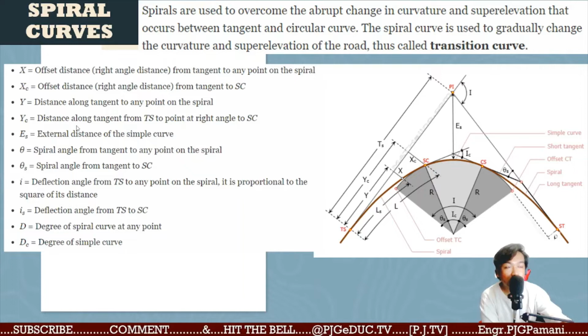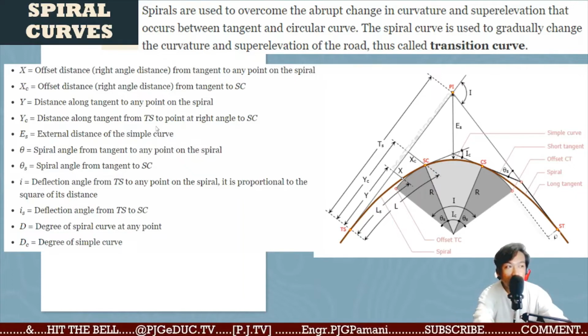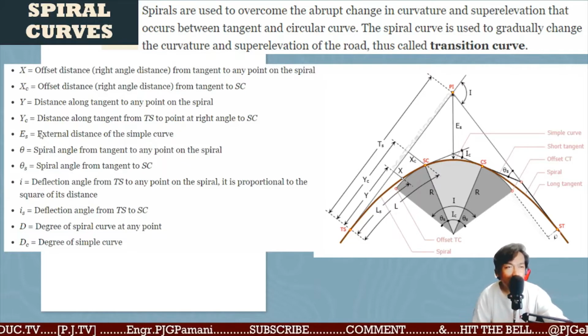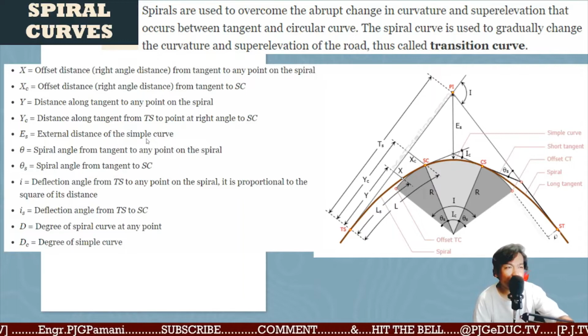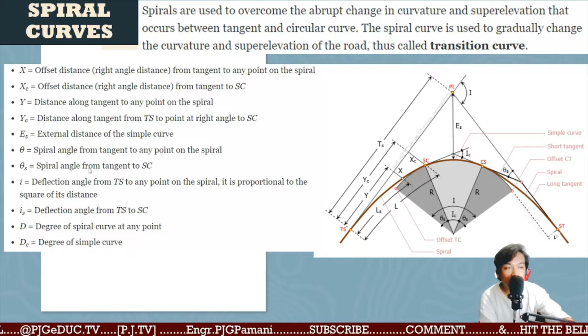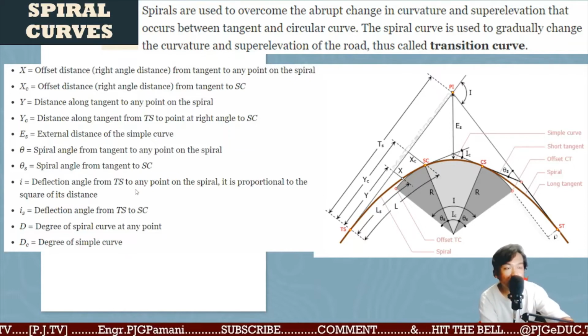Then YC is the distance along tangent from TS to point at right angle to SC. Then XS is the external distance of the simple curve. Theta is the spiral angle from tangent to any point on the spiral. Then theta S is the spiral angle of the tangent at point SC.